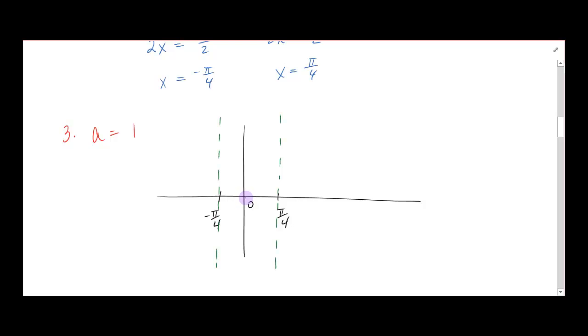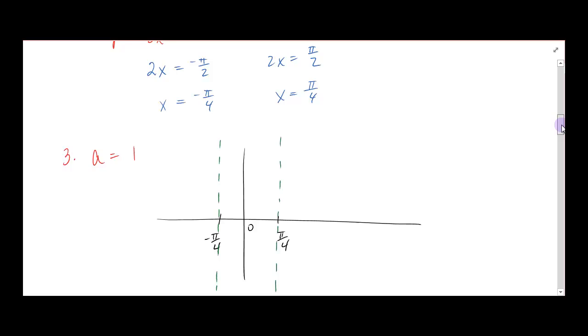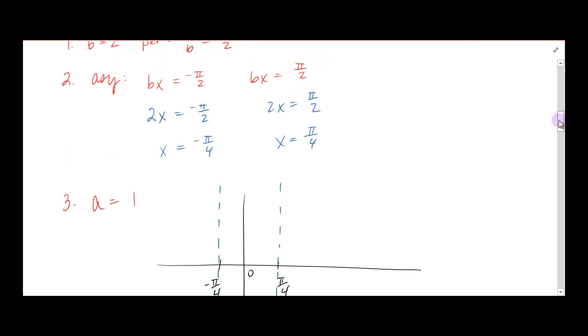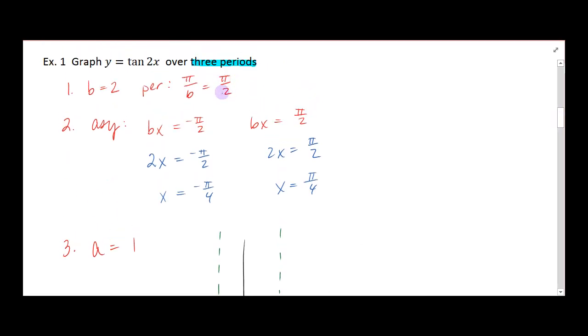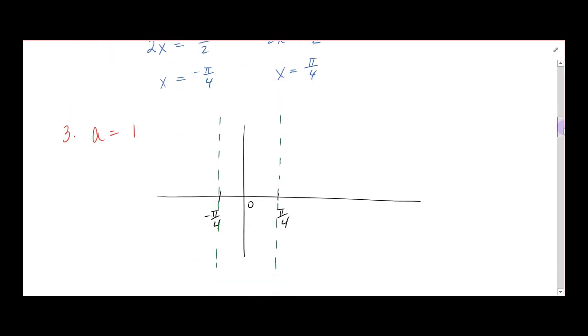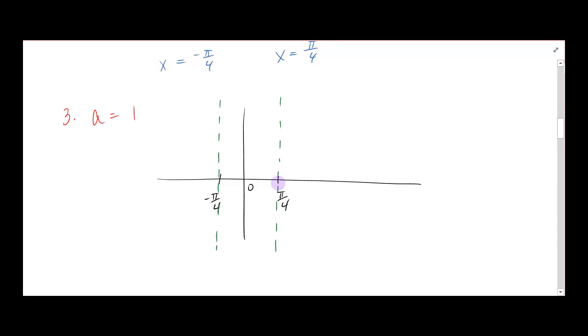Now, what the instructions were asking me to do is to do this for 3 periods, which means I have one picture here and I need to draw 2 more pictures. So I can go in the positive direction, and for this particular function, I would have another picture occurring if I add pi over 2 to each of my asymptotes.